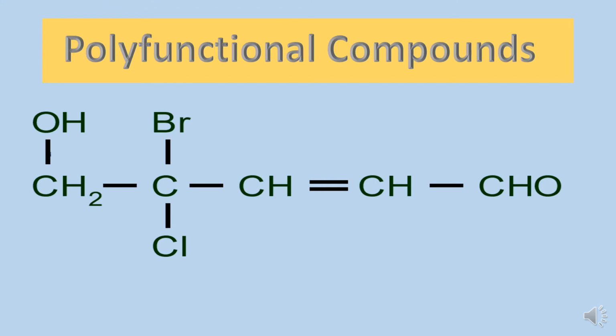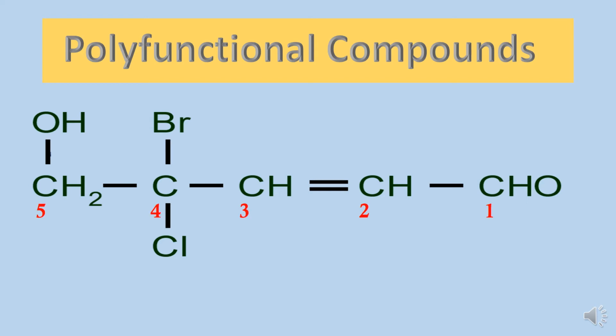Next, one more example in which we can select the longest chain having 5 carbon atoms with different groups like OH, CHO, bromine, and chlorine. Here the principal functional group according to the priority order is aldehyde, and we'll start numbering from the right hand side where aldehyde gets the lowest position.